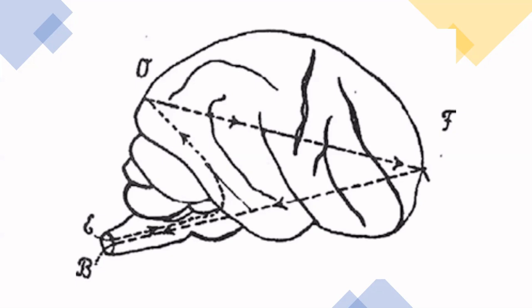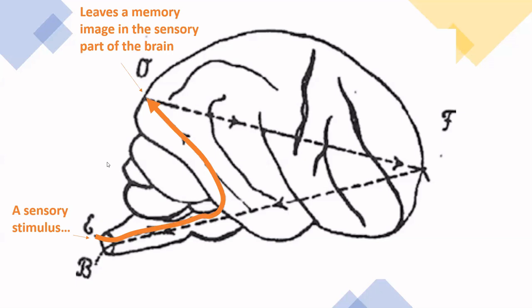Wernicke believed that in the brain, there are basically two main functions the brain fulfills. We have sensory functions and motor functions. And he believed that when a sensory stimulus is delivered to the brain through the spinal cord, the brainstem, and so on, all the way to the cerebral cortex, then this sensory stimulus leaves a memory image in the sensory part of the brain.